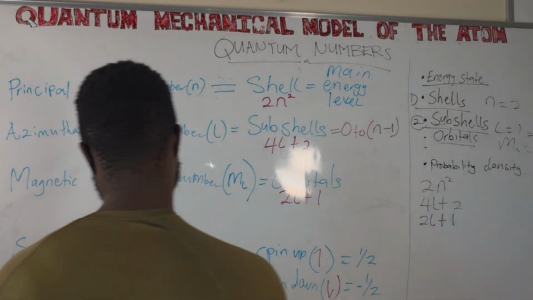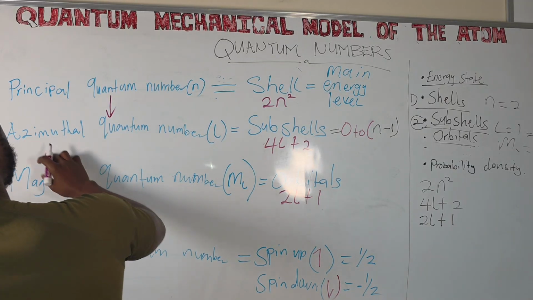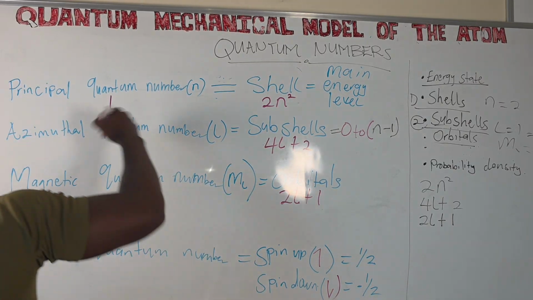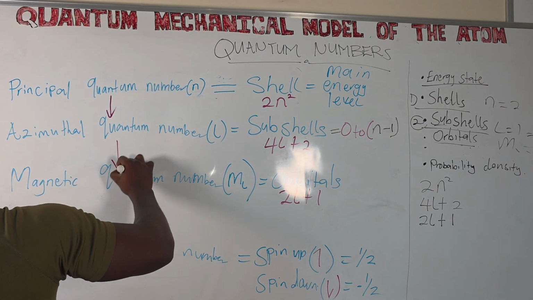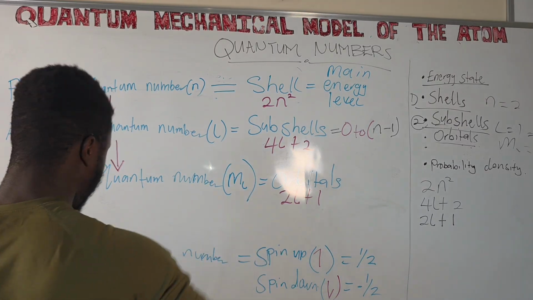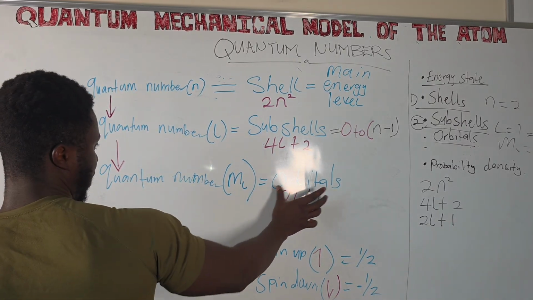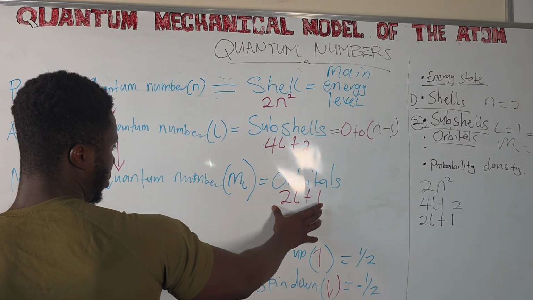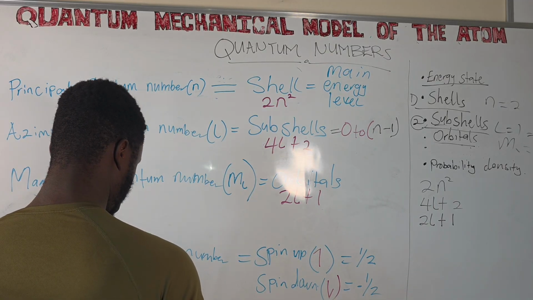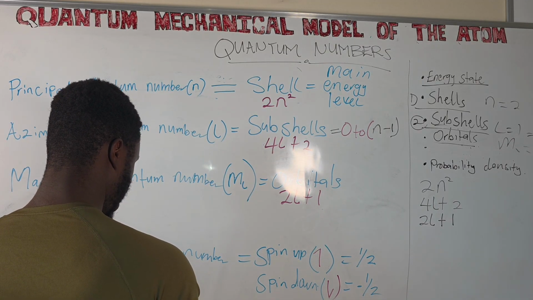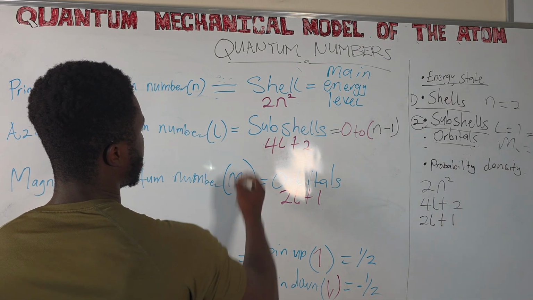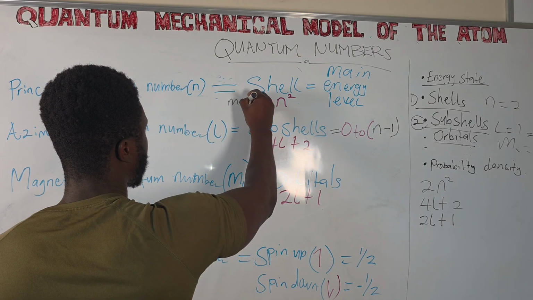That is how it takes. The azimuthal quantum number dictates the magnetic quantum number, right? And that is our orbitals, and the maximum number is this. So let me just write the maximum number in front of them. So this is max.